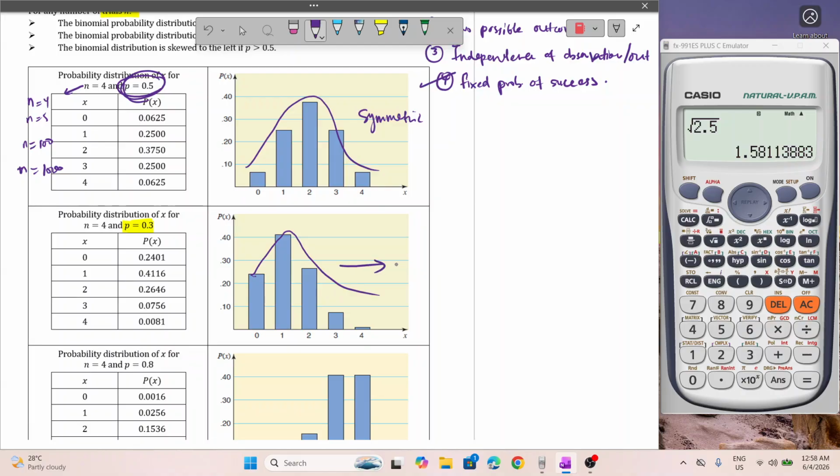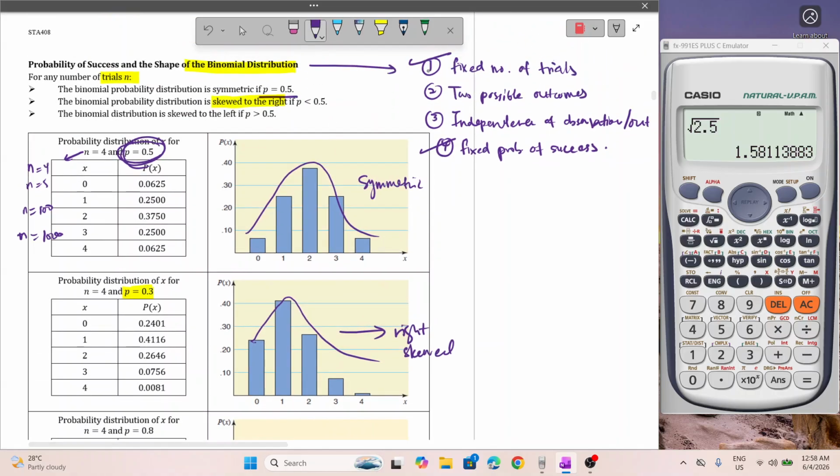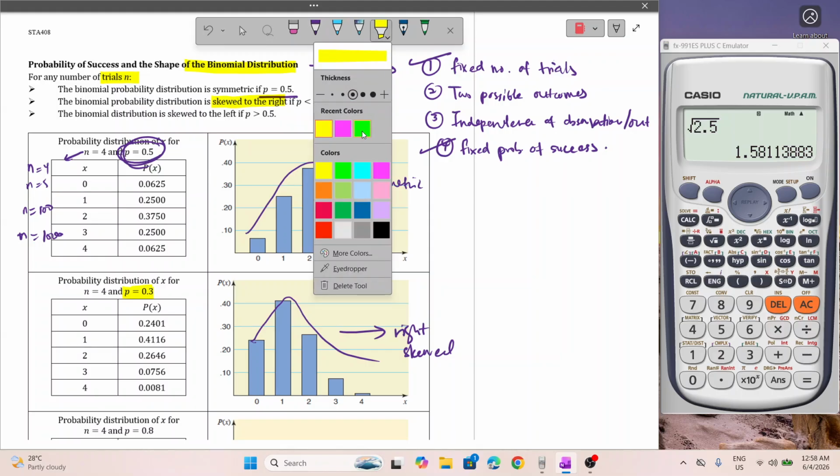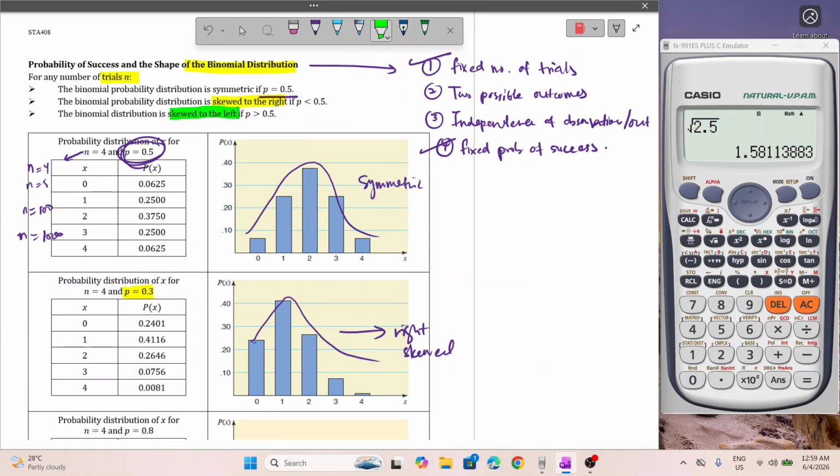It is right skewed. And when p is greater than 0.5, it is skewed to the left.